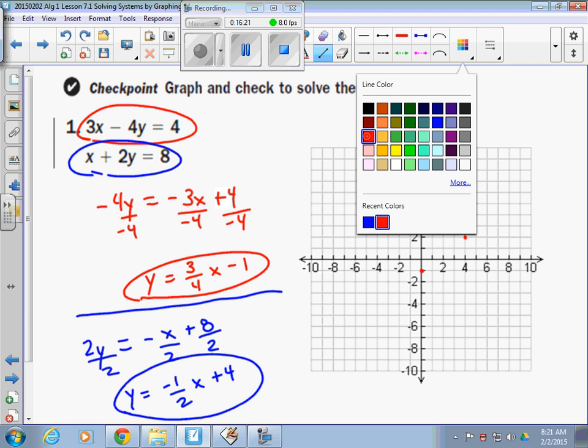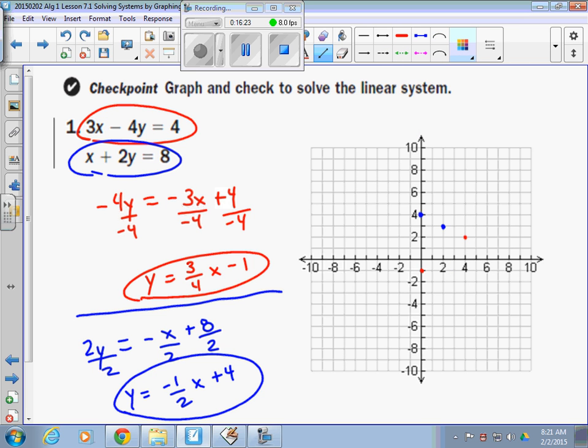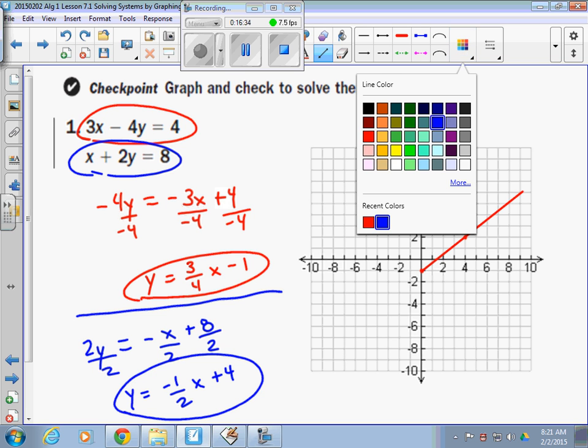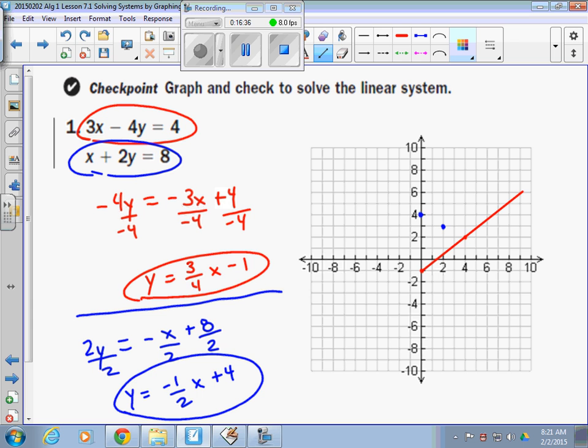So if I do the red equation first, I know I need to begin right here, and go this direction. The same thing if I do the blue one next. And again, it's not necessary to use 2 different colors. It just helps with the explanation up here. You can see where the intersection takes place.